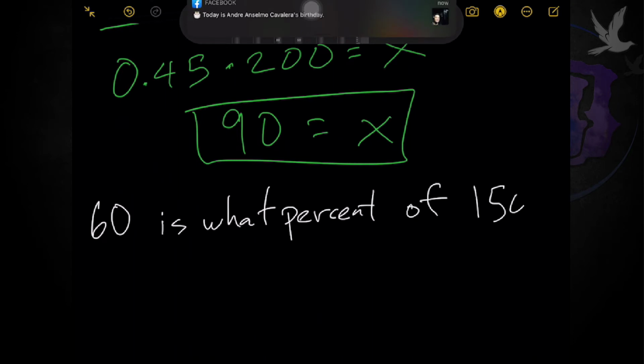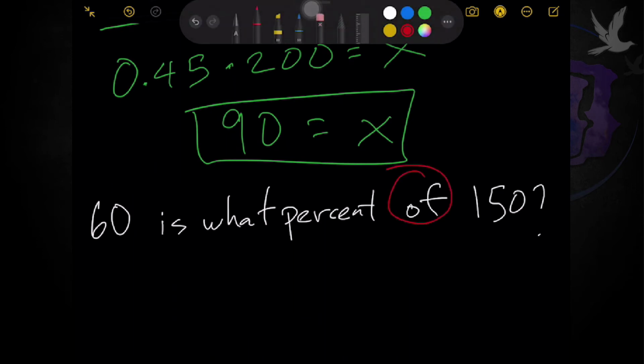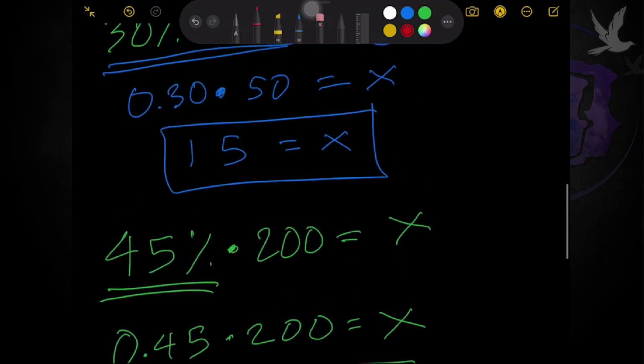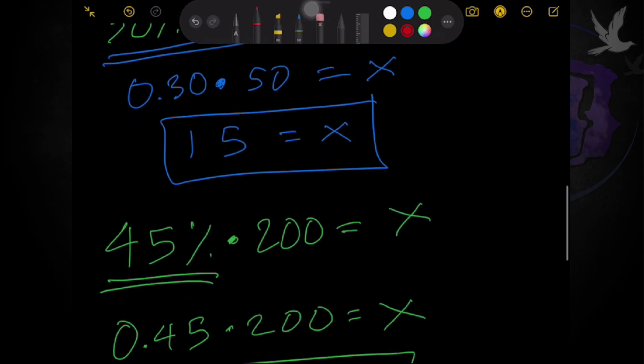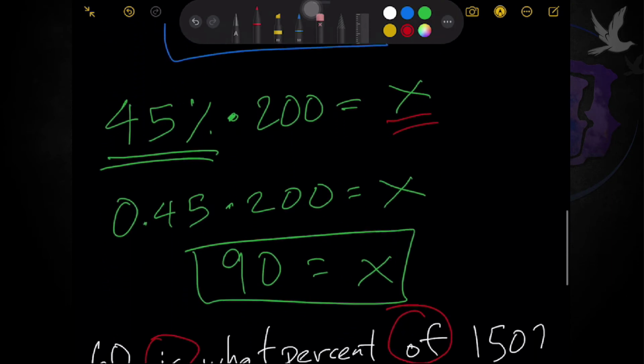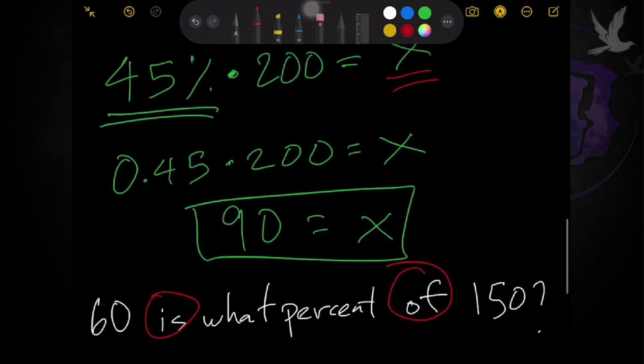Of 150. Okay, so dito na. 60 is what percent of 150? Clue words natin, is and of. Is equals, of is times. Okay, this one now is a different situation. Okay, bakit magiging different situation? Kasi if you notice here, your x is not alone on one side, which means you cannot solve for x immediately.